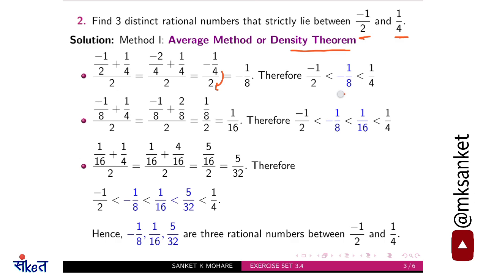Therefore, we got a number negative 1 by 8 which lies between negative 1 by 2 and 1 by 4. Now next we are going to find a number in another interval. We now have two intervals: negative 1 by 2 and negative 1 by 8, and second, negative 1 by 8 and 1 by 4. We'll choose this interval and find the average of these two numbers.